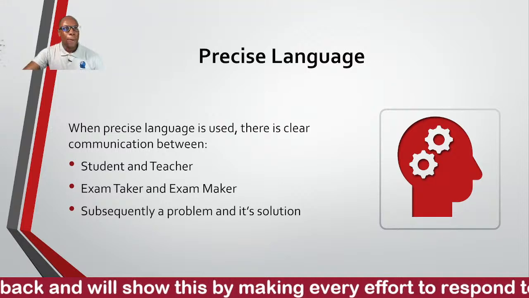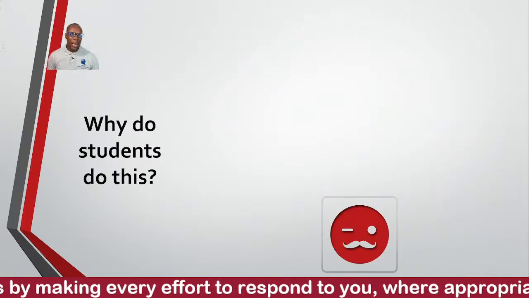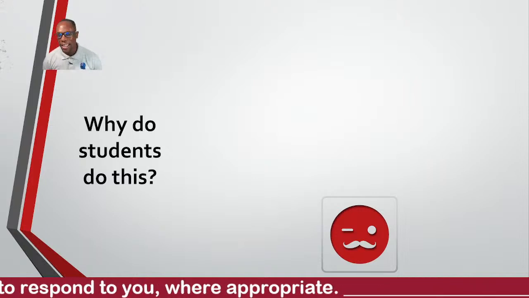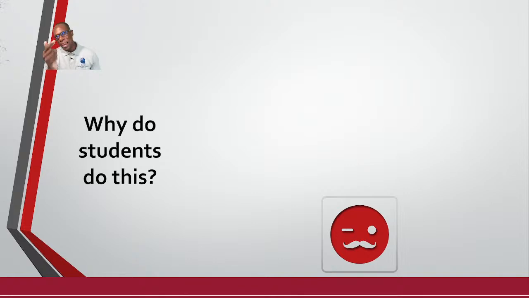Sometimes the students will have some games, or you may have some games in class, and you may tell your friend who does not know what's going on to just smile and nod. My Jamaican friends will be familiar with that phrase, smile and nod. And so why do students do this?